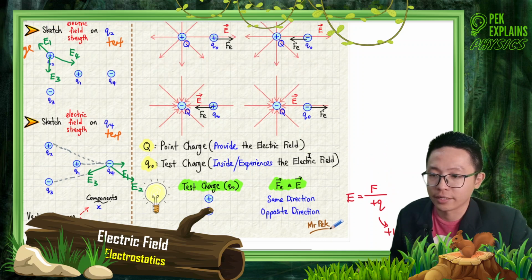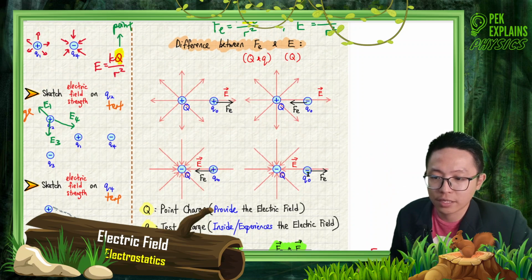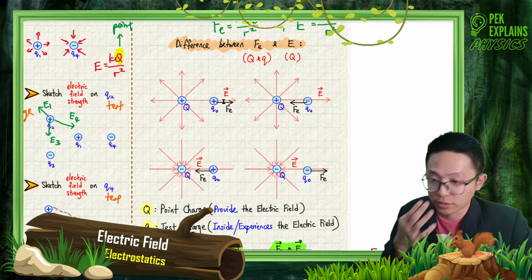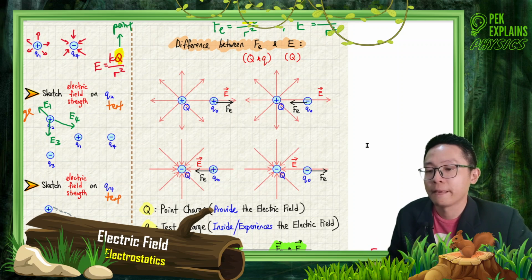For a negative test charge, this one electric field is to the right, so force is to the left. This one electric field is to the left, so force is to the right. So opposite direction if negative test charge. If positive test charge, force and electric field are in the same direction, either towards the right or towards the left.